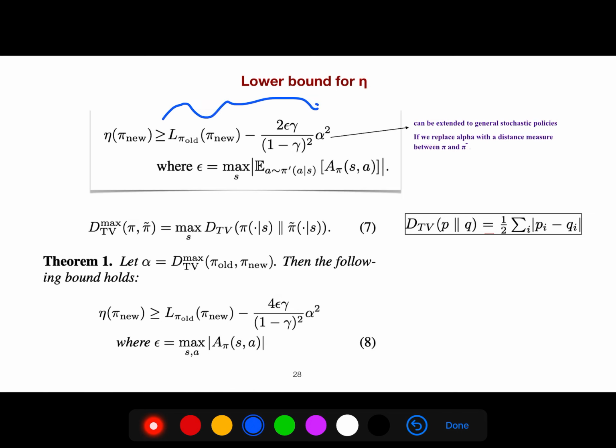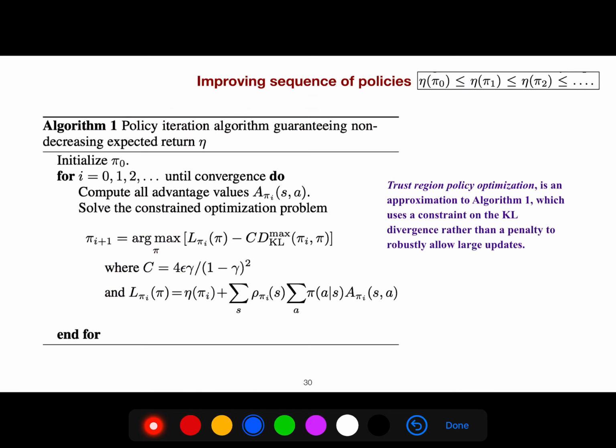So this is the motivation for all of these things, because if you have that lower bound, you just need to work on that. So it's a good estimation, at least a lower estimation, and at each step. This is the algorithm. At each step, you are trying to maximize this term, this objective, among all policies.